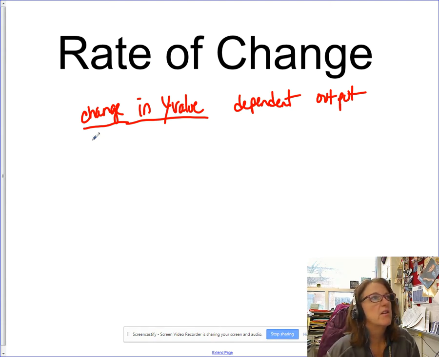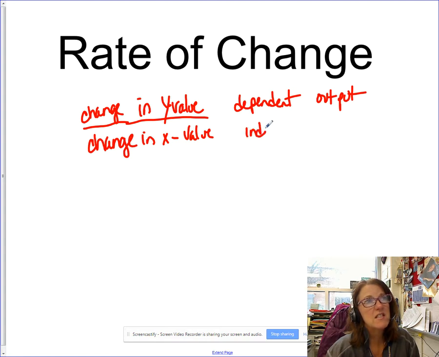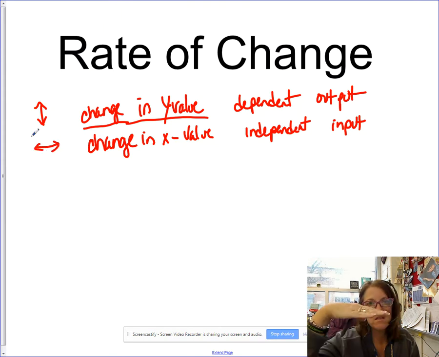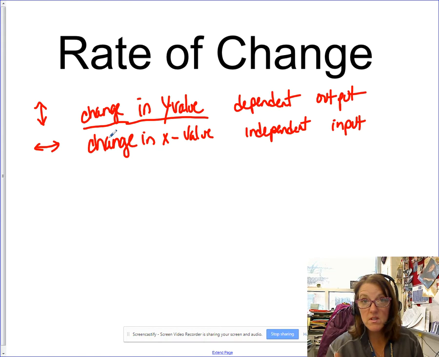In the denominator, we're going to figure out how much you changed in your X value. Your X value is the independent variable, and it's your input. You could also think of it this way: this is the vertical change because the y-axis is the vertical one, and the x-axis is the horizontal one. So this is what we're going to talk about now.